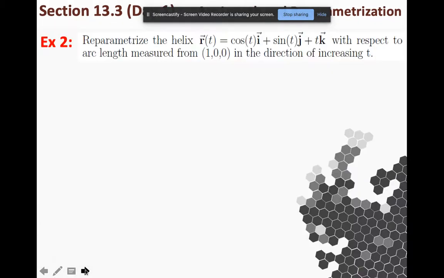Reparametrize this helix with respect to arc length. So what are your keywords here? Which means get rid of this parameter t and change it to arc length.